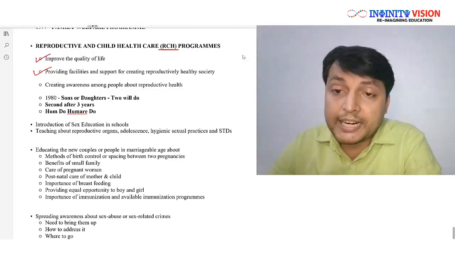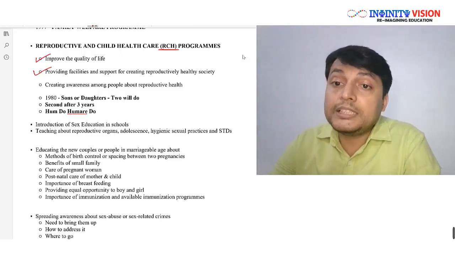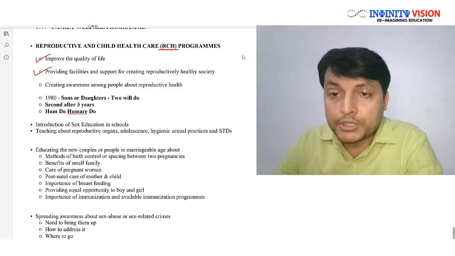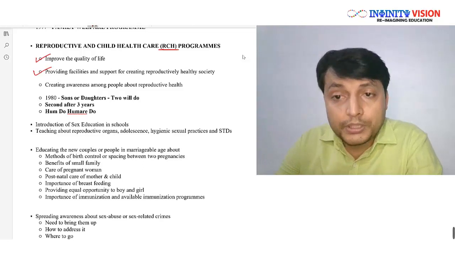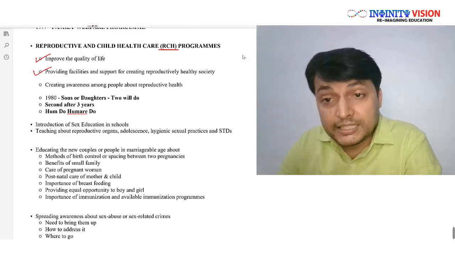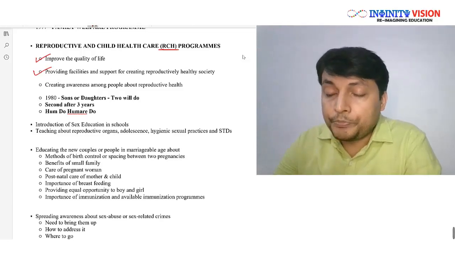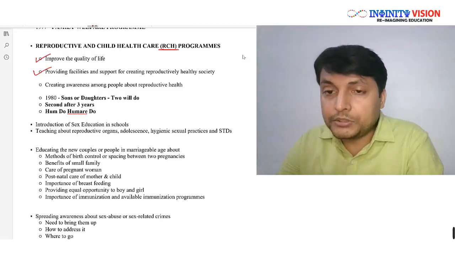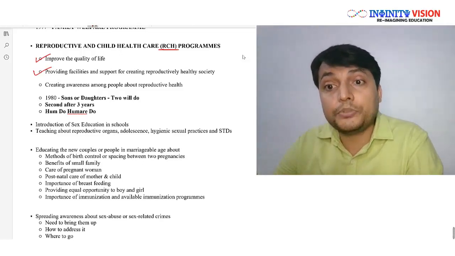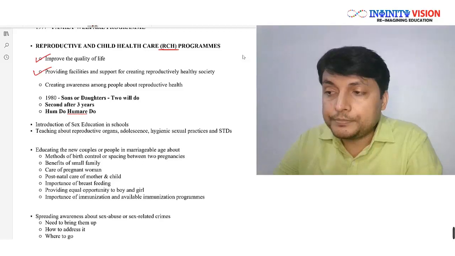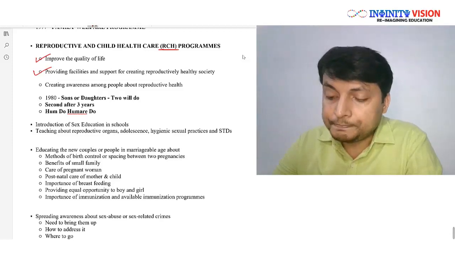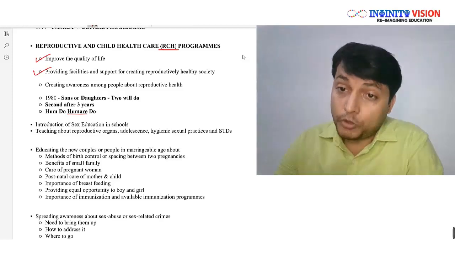Okay, apart from that, the second aspect is to increase and to build the medical infrastructure to support and to provide care to the pregnant women or to tackle the reproductive organ problems, STDs, okay, or to provide care to the newborn and the mother, to provide immunization to them and things like that, okay, even in some cases to take care about the abortions, okay, about monitoring the developing fetus, as well as about providing means of contraception.